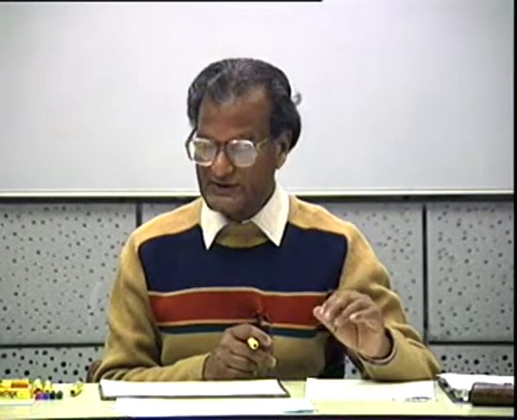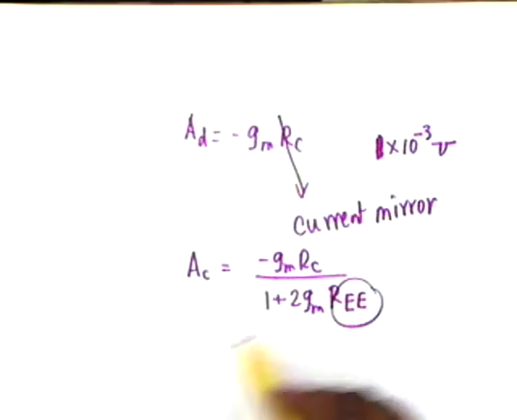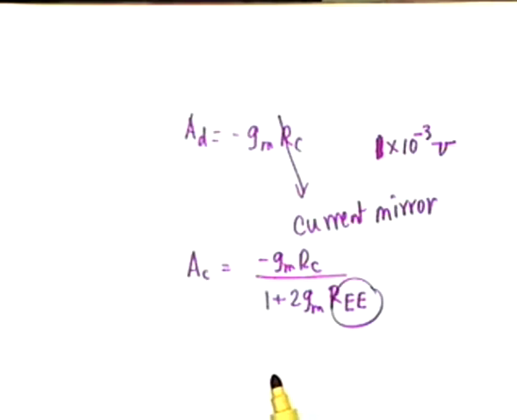But what we are interested in is the differential mode gain. We want it to be as large as possible. The CMRR is not affected thereby. If we increase R sub C, CMRR remains the same. CMRR we tackle by REE. And the absolute levels of gain, either differential mode or common mode, we take care of by increasing R sub C by using a current mirror.